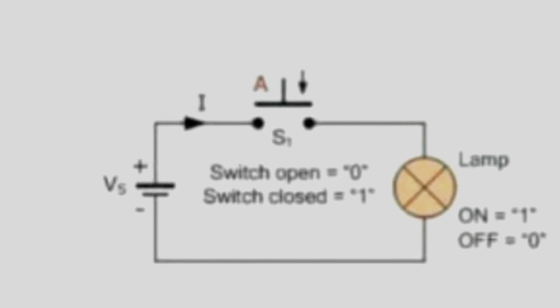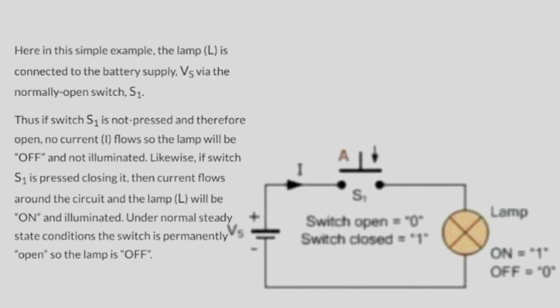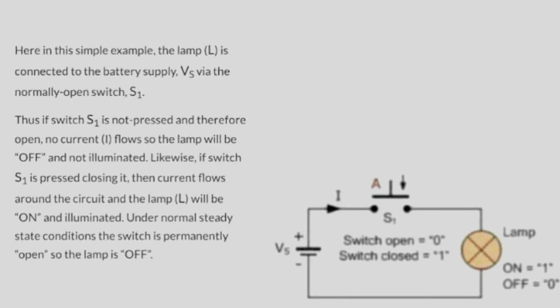Here in this simple example, the lamp, or L, is connected to the battery supply Vs via the normally open switch S1. Thus, if switch S1 is not pressed and therefore open, no current flows, so the lamp will be off and not illuminated.